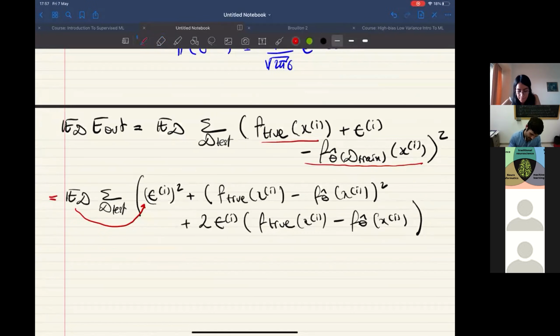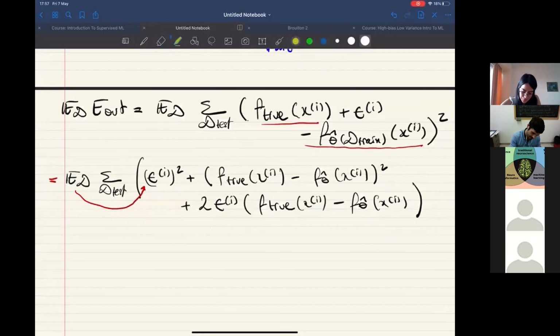All right, so here I put the expectation inside, and what do I obtain? I have an expectation here over the noise, and here I have my expectation over all the randomness in the data, including the noise, including everything.